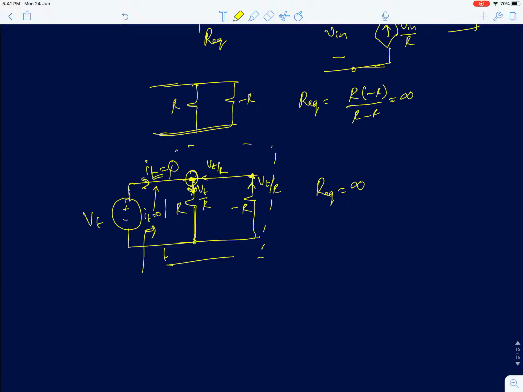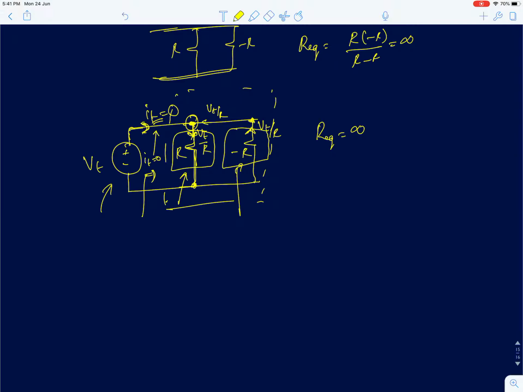You can also see this resistor is absorbing power and this resistor is delivering power. The power absorbed by this resistor is exactly equal to the power delivered by the other. So this voltage source doesn't have to deliver any power, nor does it need to absorb any. Every bit of power that this resistor is absorbing is purely provided by the negative resistance, so this doesn't need an external excitation.